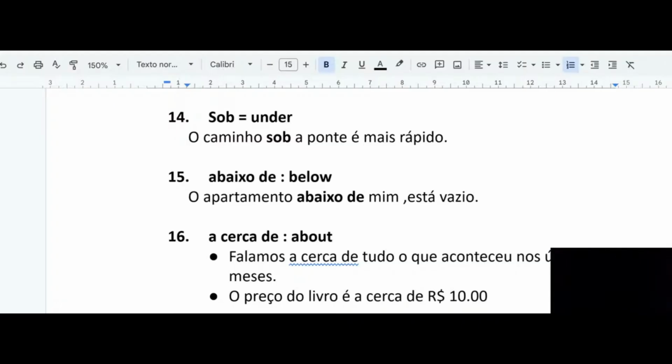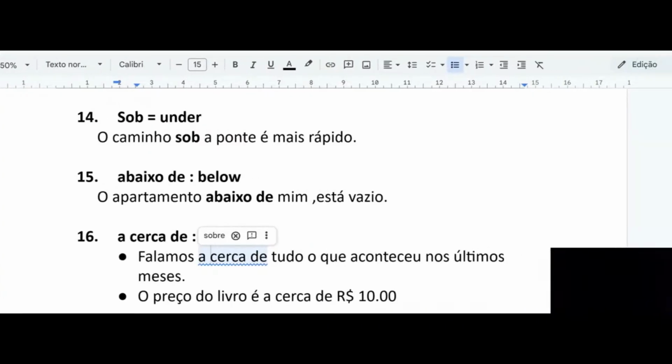So acerca de means about. Let's check. Nós falamos sobre tudo is also correct. Falamos acerca de tudo o que aconteceu nos últimos meses. We spoke about all that happened in the last months.